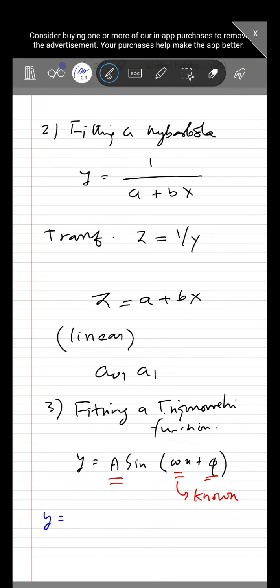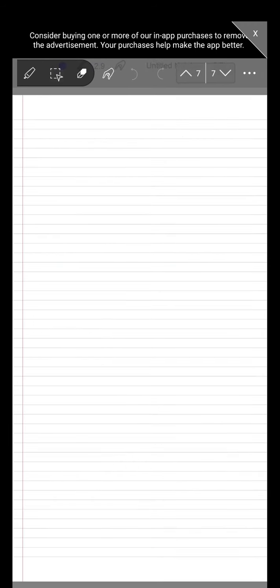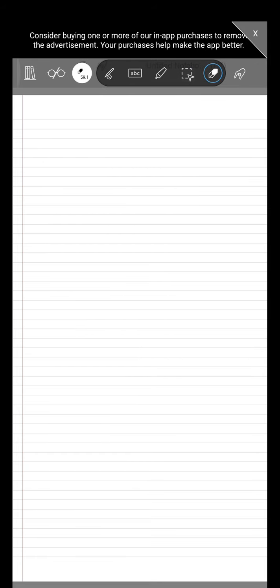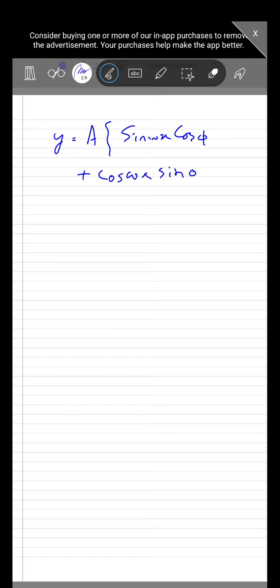So we can write y as equal to A sine omega x cos phi plus cos omega x sin phi.